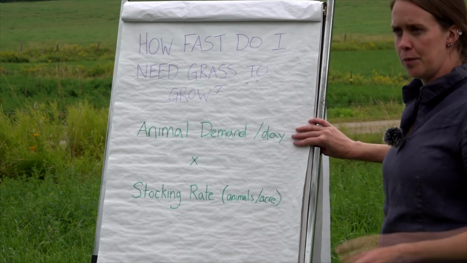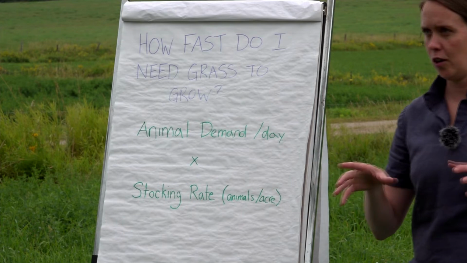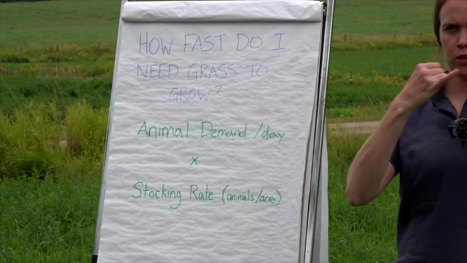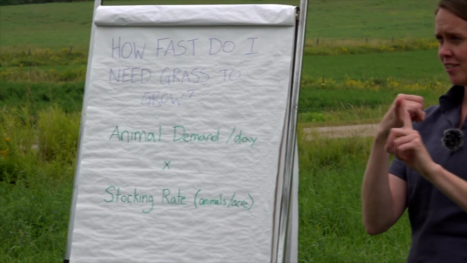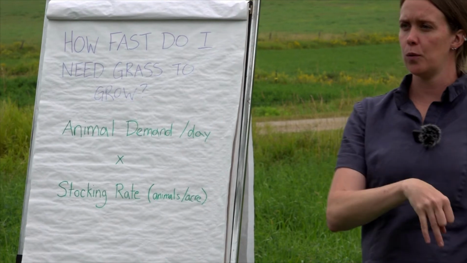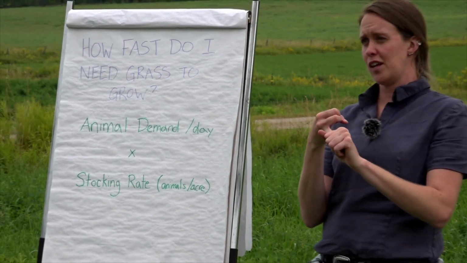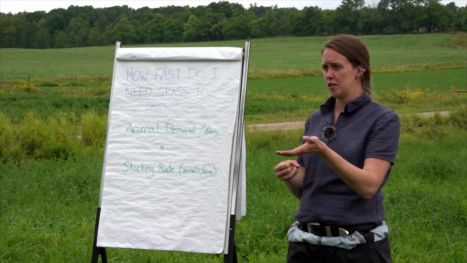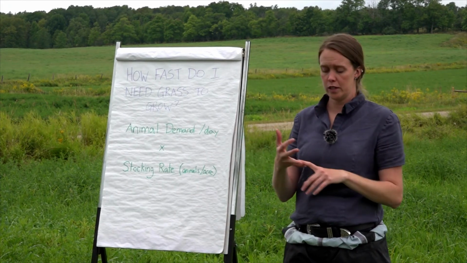Animal demand is something Birgit already talked about in her carrying capacity bit when we were standing in the driveway. So as a refresher, you need to know the average body weight of your animals. You need to know the typical percent of their body weight they consume per day. That changes with your class of livestock. So, with those cow-calf pairs, 2.6% is an average over the whole year.